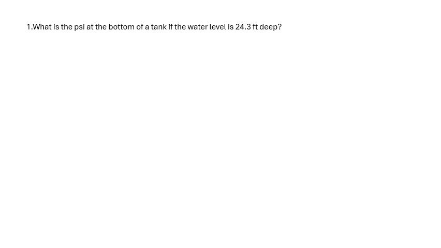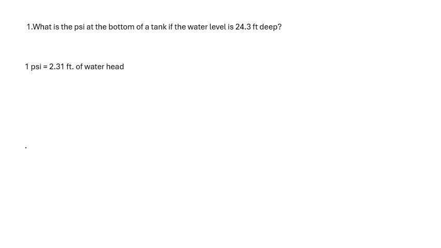So question number 1. What is the PSI at the bottom of a tank if the water level is 24.3 feet deep? The first conversion we're going to use is 1 PSI is equal to 2.31 foot of water head. Now remember, when we do the math on this, what we want to cancel out has to be at the bottom, and that will determine whether we're multiplying or dividing.